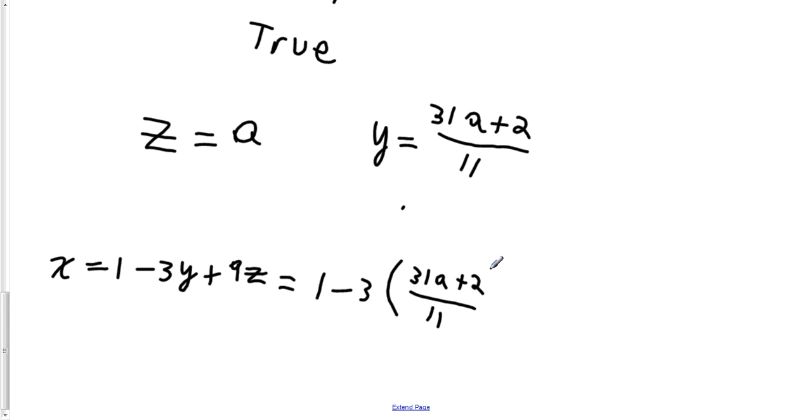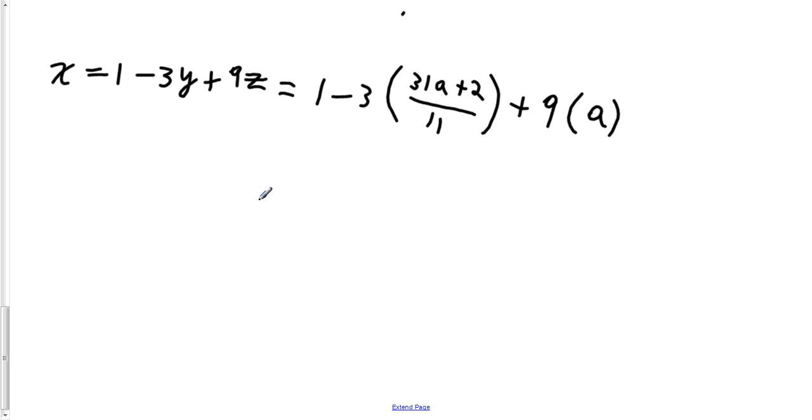And then this is going to be plus 9 times z, but remember that z was just a. So now I have an expression that can give me x in terms of a. And it turns out when you simplify all that, you get that x is equal to 6a plus 5 over 11.